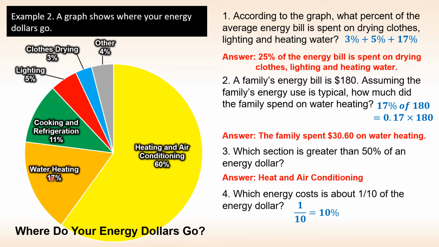Is it 60, 17, 11, 5, 3, and 4? The nearest is 11%, so that is approximately 11%. And the answer is cooking and refrigeration.